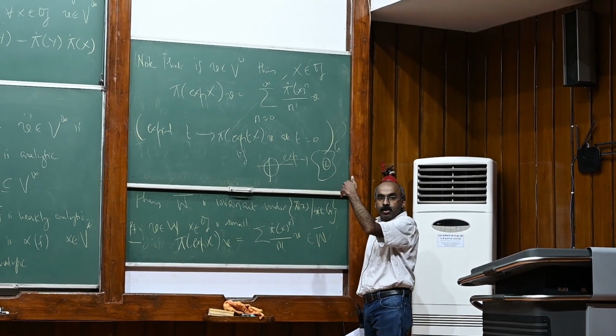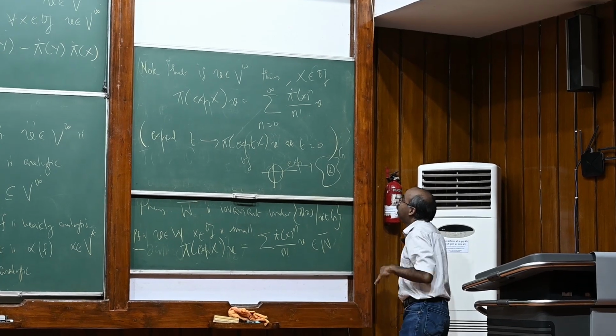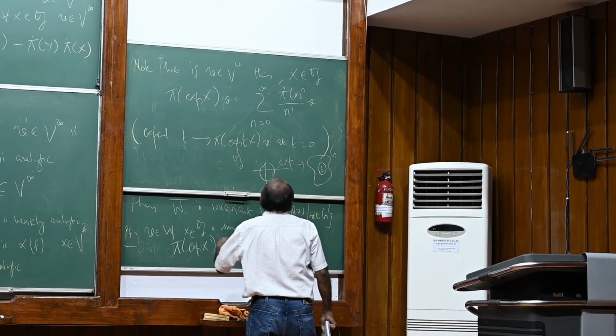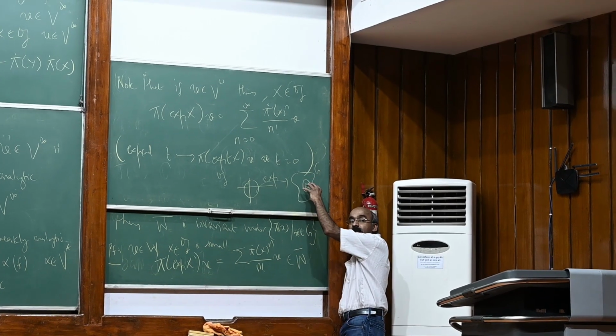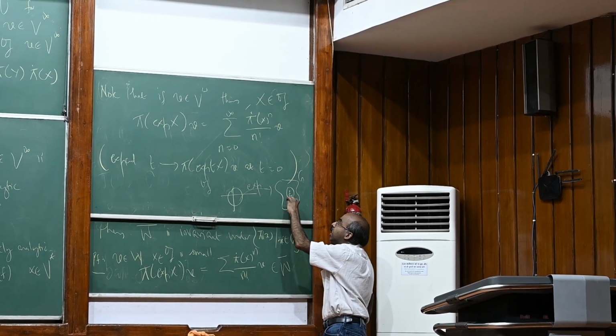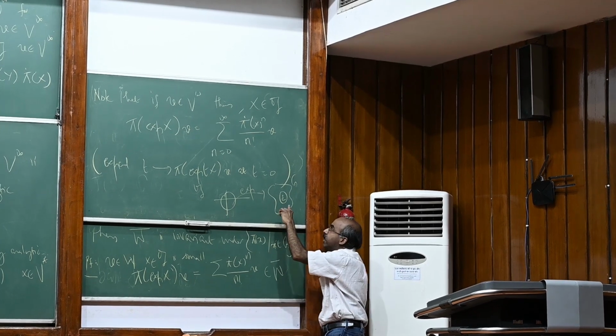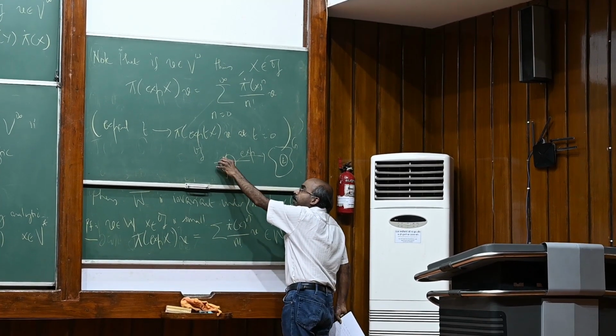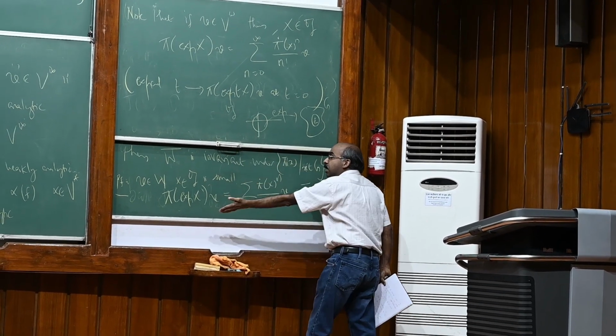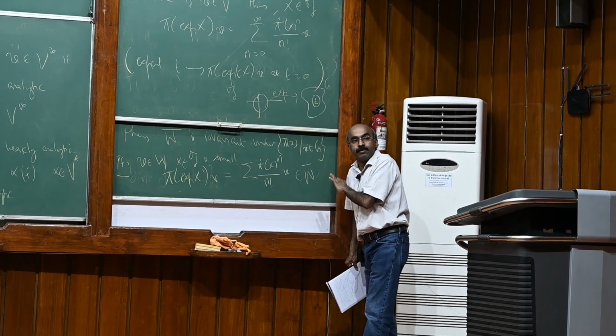That's an open subgroup. It's also connected. It's also closed, so it will be all of G. So to show that W closure is invariant under all of G, it is enough to show that it is invariant under a small neighborhood of the identity, and the small neighborhood comes from the exponential map with a small neighborhood of 0 in the Lie algebra, and the Taylor expansion tells me this.